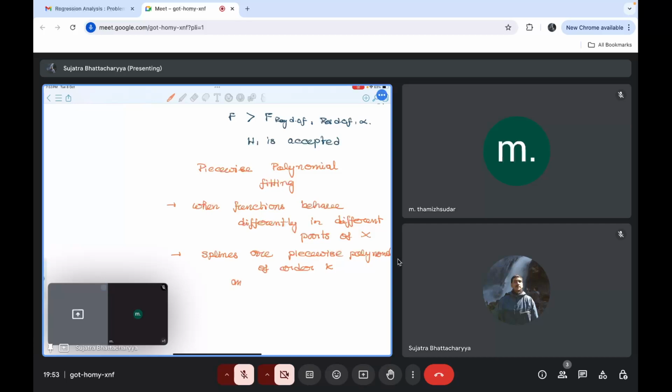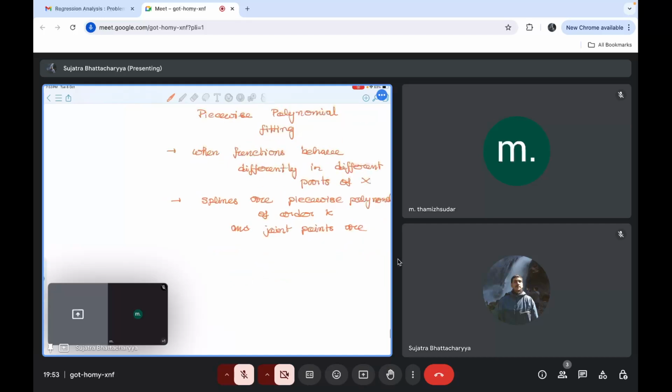And the join points, the points from where the x changes suddenly, are called knots. And finally, we generally use the cubic spline, that is k is equal to 3, which is adequate. Means you don't need to go further.